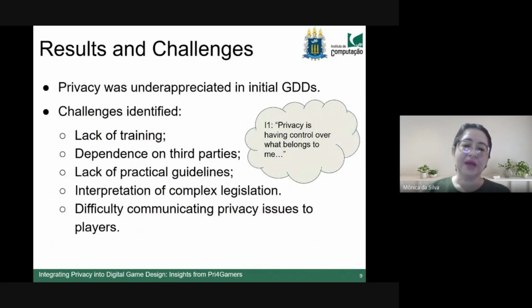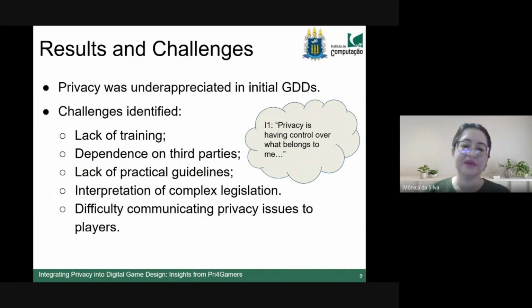And then, among our findings, we observed that few designers considered privacy during the GDD conception phase. But one designer noted that they defer this control until after the game, for other stages, for the companies that offer the game, who believe that these companies will have the ability to manage privacy issues.